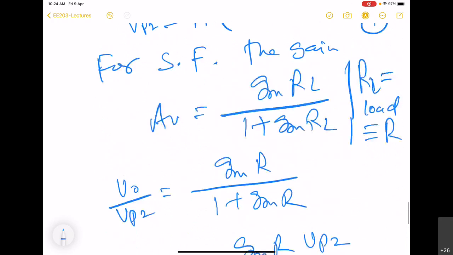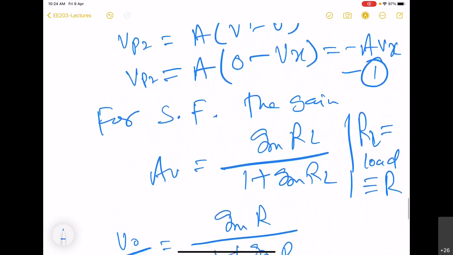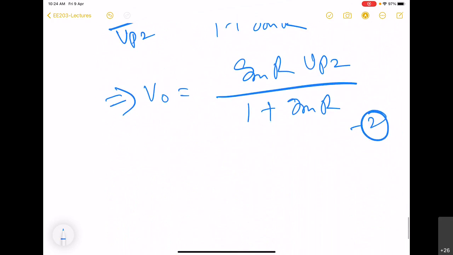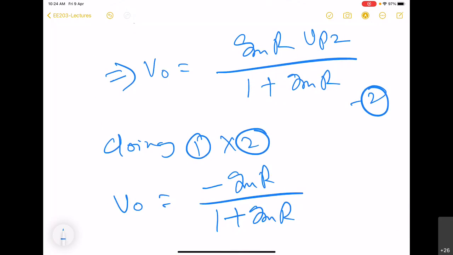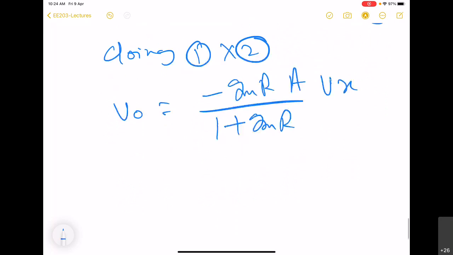So we can multiply equations 1 and 2. We get VO is equal to minus gm R divided by 1 plus gm R, A into Vx.